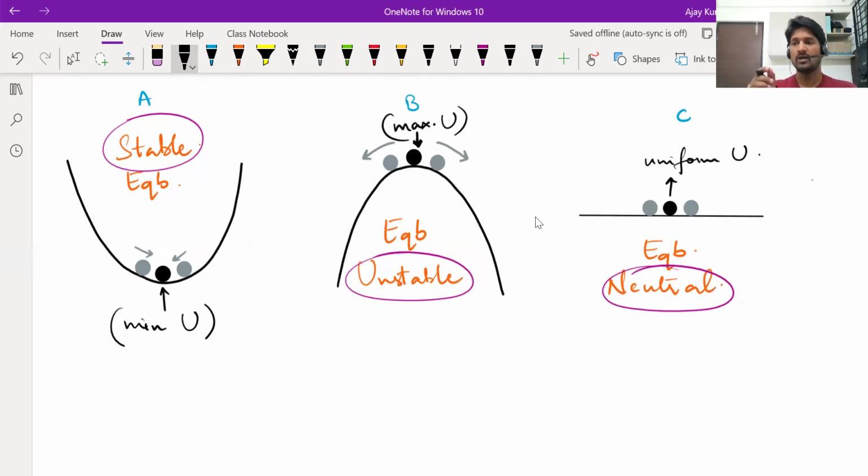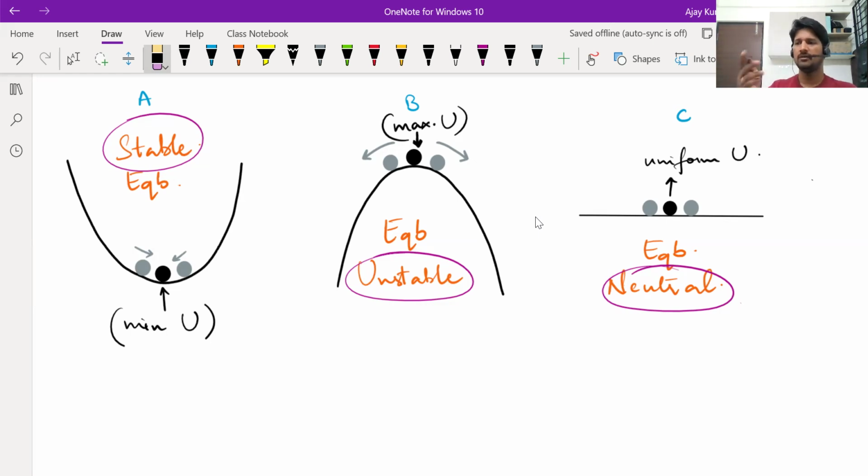So based on what is happening to the potential energy of an object when it is moved away from equilibrium, you can tell what kind of equilibrium it is. When the object is moved away from equilibrium and you see potential energy increasing, then at equilibrium the energy was the least, so that is stable equilibrium.